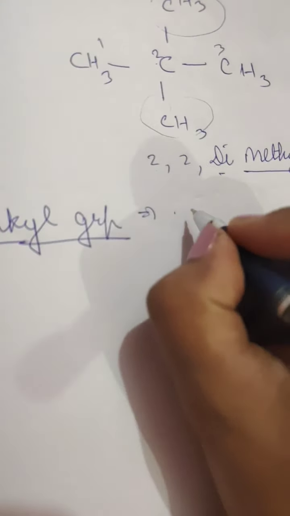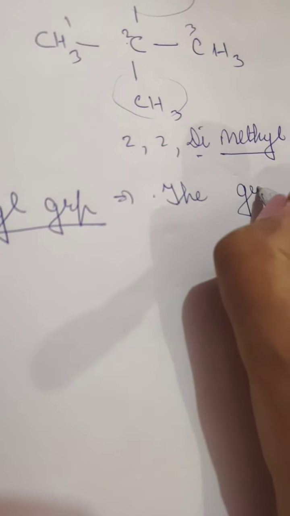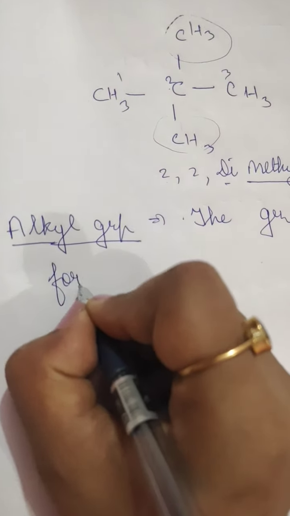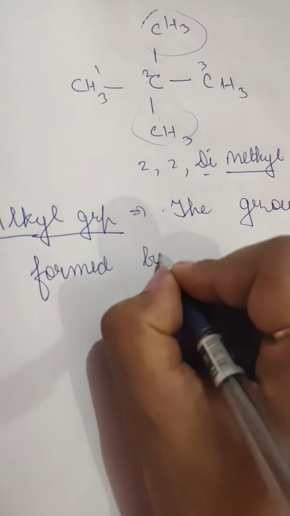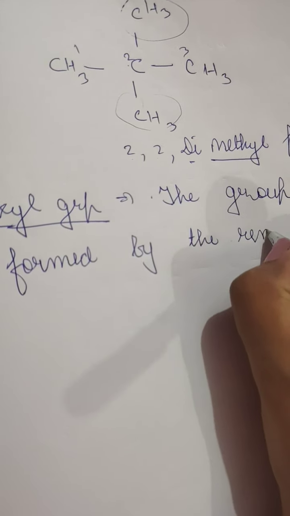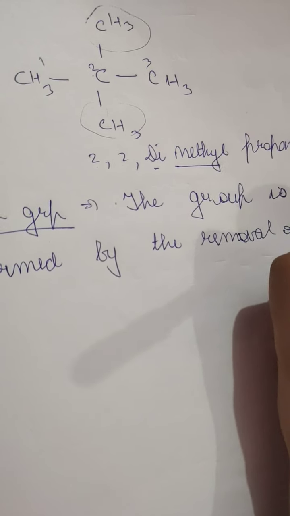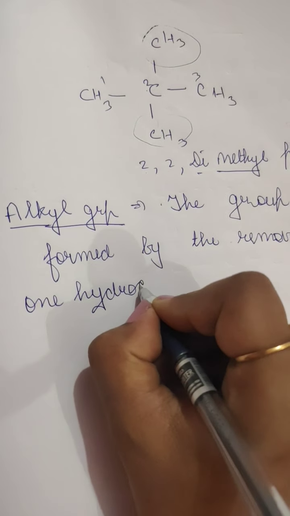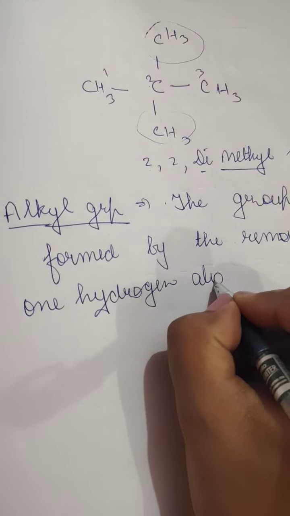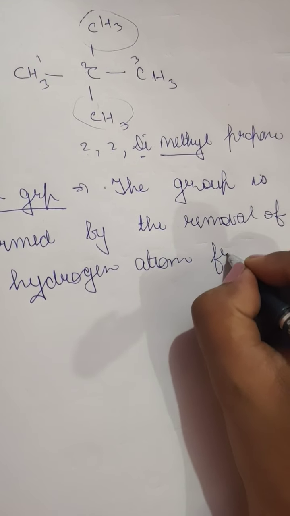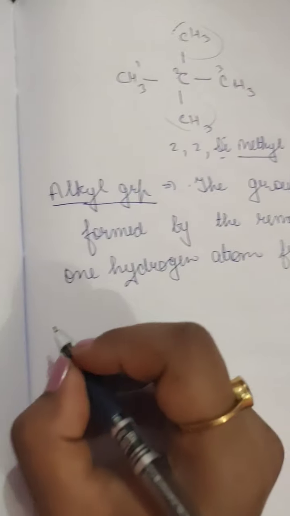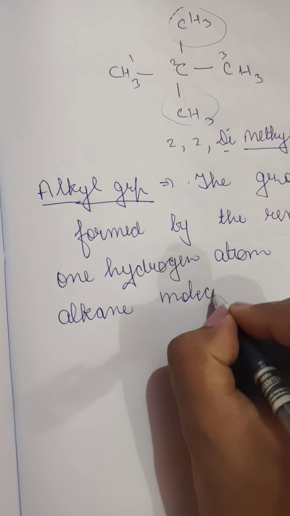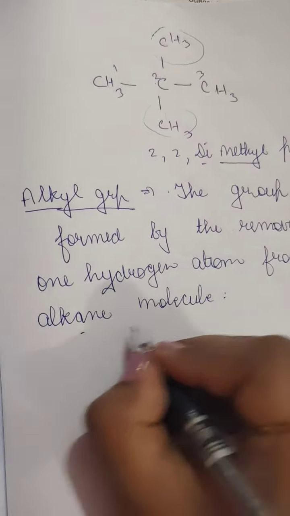That means the group is formed by the removal of one hydrogen atom from an alkane molecule. Okay, so that is called an alkyl group.